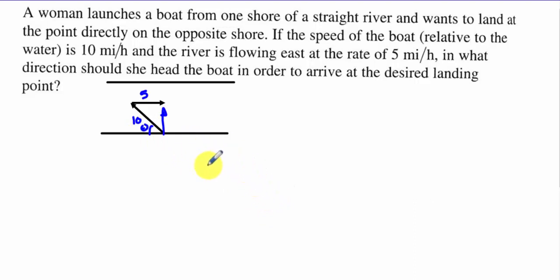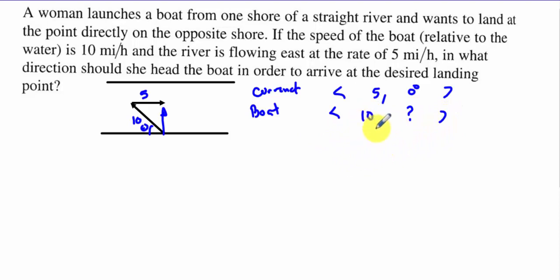All right. Now we also know a couple other things. Well, let's just do something real quick. Let's say the current has a vector. And that current's vector is 0 degrees and 5. We know we have some unknown angle for the boat, and let's just call this a question mark. But we know that it has a magnitude of 10.